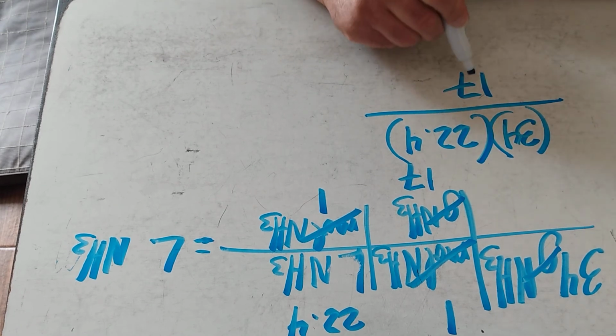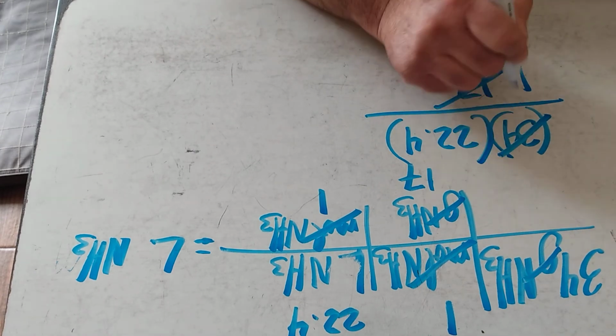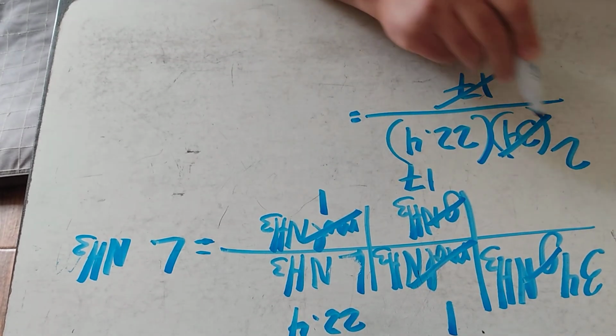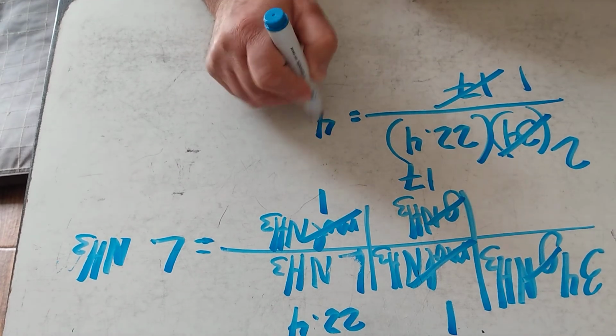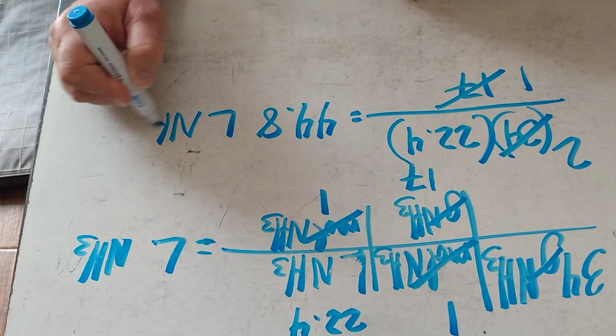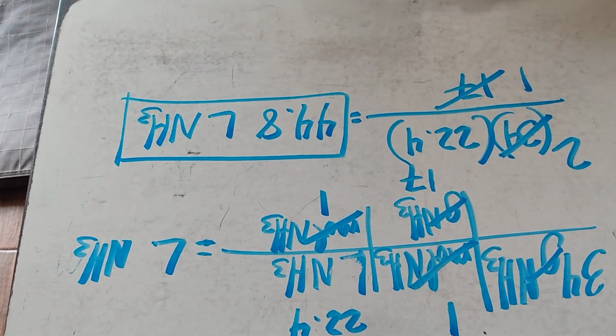Now, 17 will go into 34. We got a 1 there. 17 goes into this twice. So this makes it a really easy problem. 2 times 22.4 is 44.8 liters NH3. And again, that is how we are doing stoichiometry.